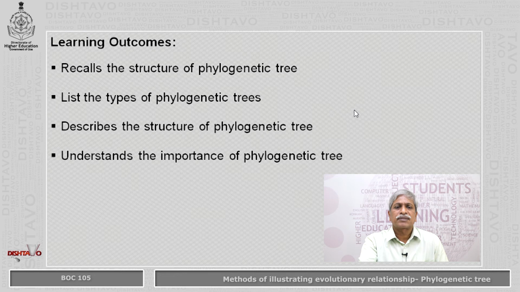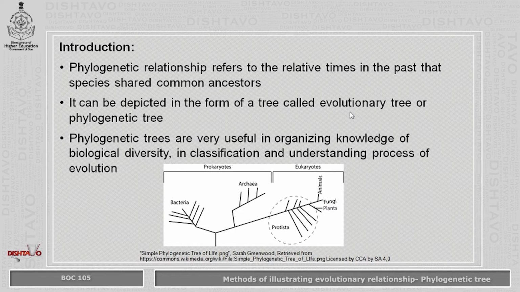Phylogenetic relationship refers to the relative times in the past that species shared a common ancestor. It can be depicted in the form of a tree called an evolutionary tree or phylogenetic tree. Phylogenetic trees are very useful in organizing knowledge of biological diversity.